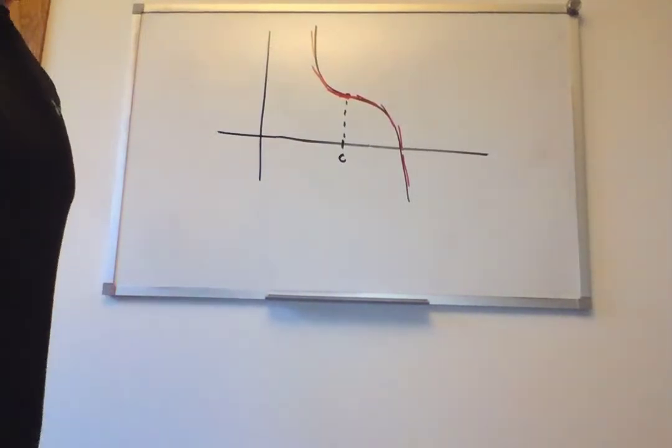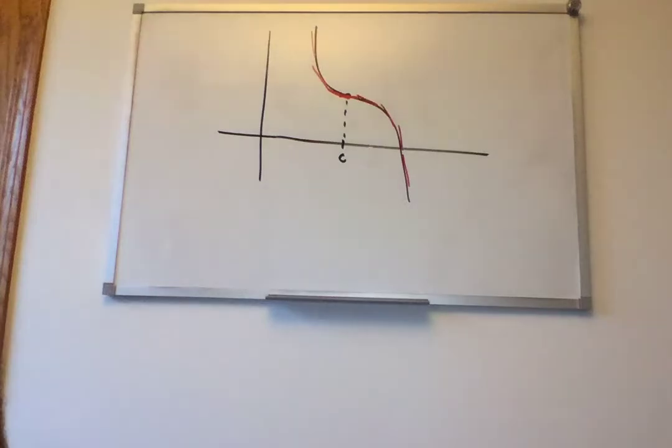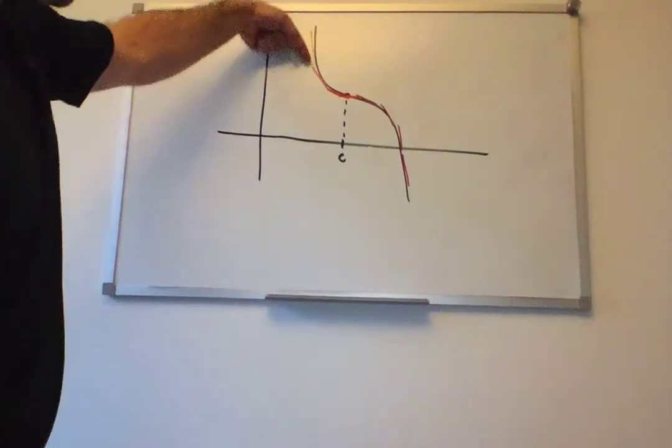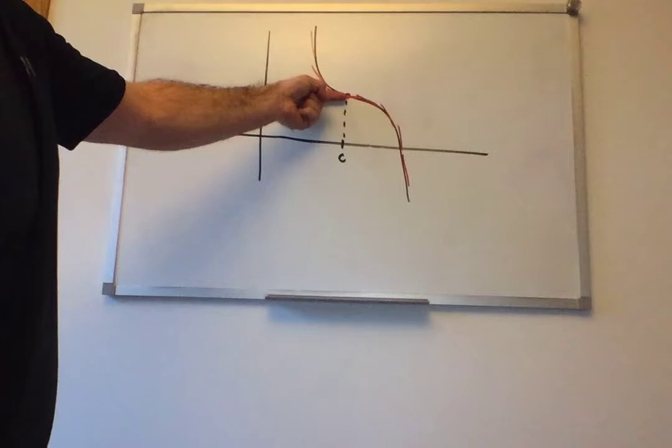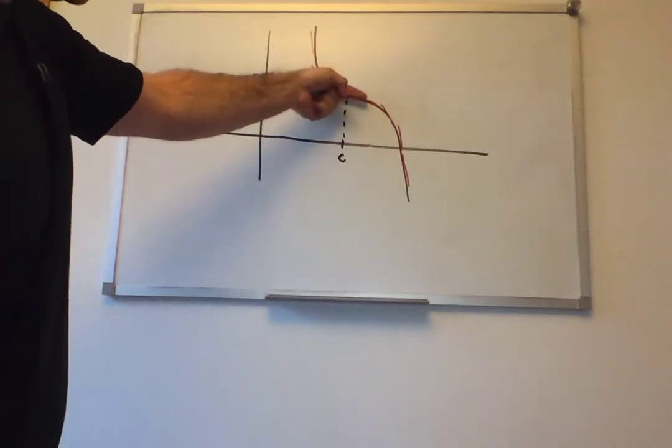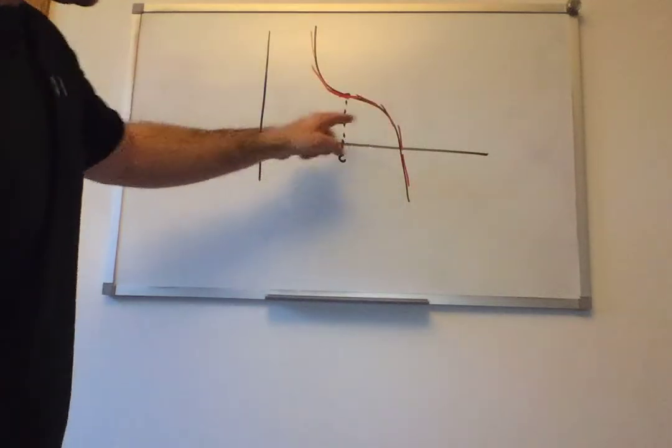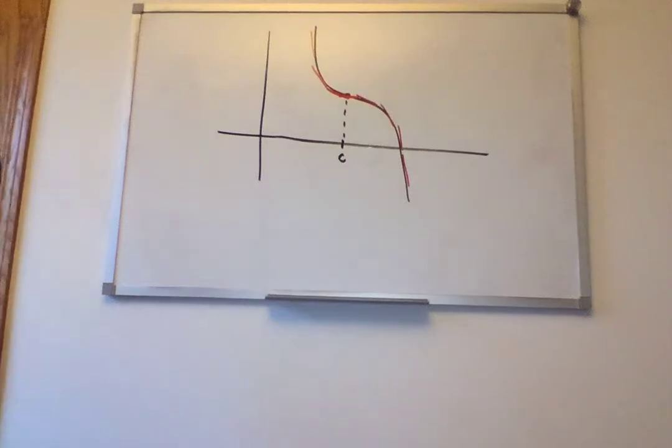So let's read C. If f prime is positive to the left and right of C, or if it's negative to the left and right of C. This one is negative, negative, negative, negative to the left of C, and to the right of C, negative, negative, negative, negative. At C, it's equal to 0.